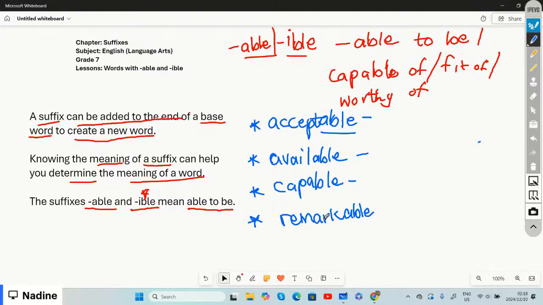So we have acceptable, so acceptable, available, capable, remarkable.